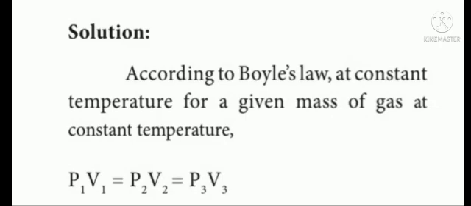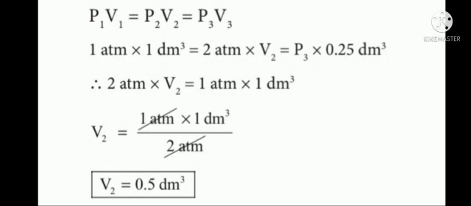Substitute the values. After substituting, we will get 1 atmosphere into 1 decimeter cube is equal to 2 atmosphere into V2, which is equal to P3 into 0.25 decimeter cube.